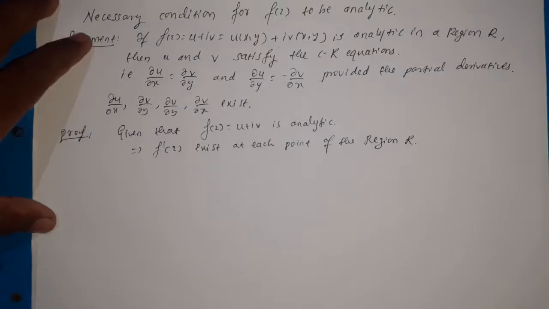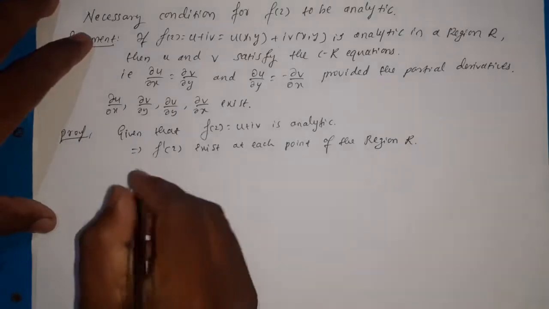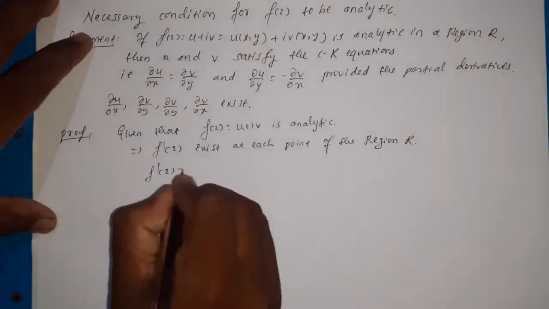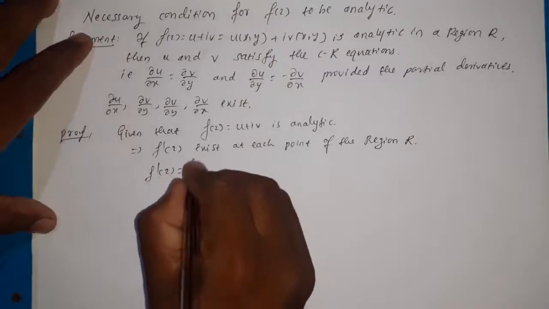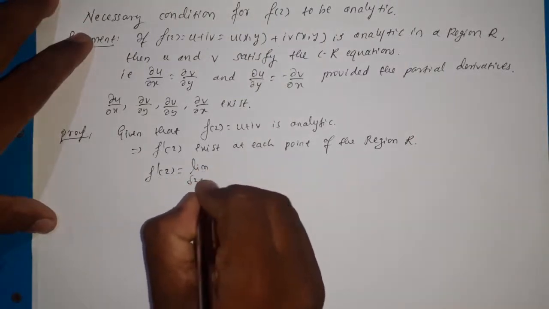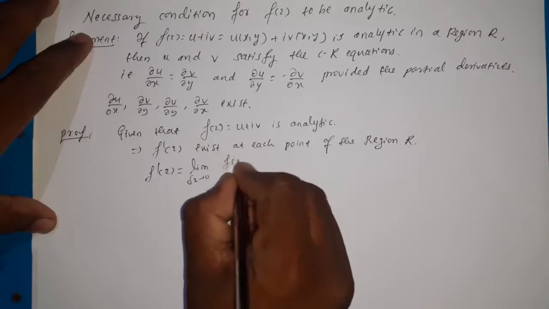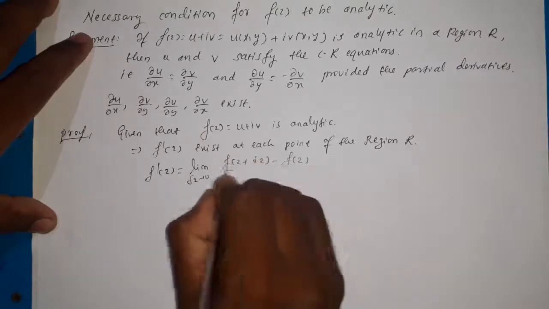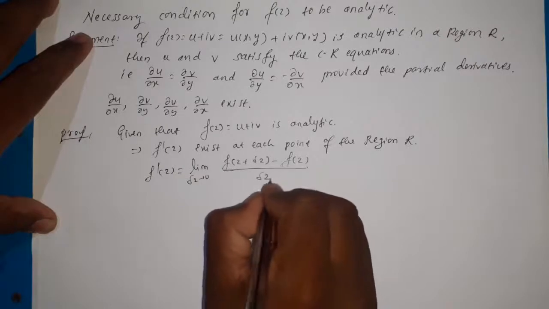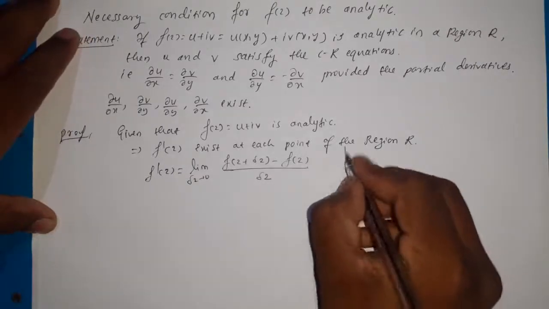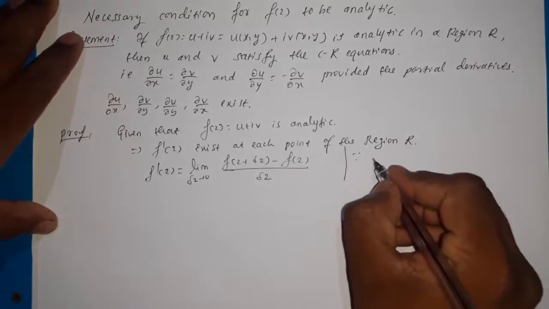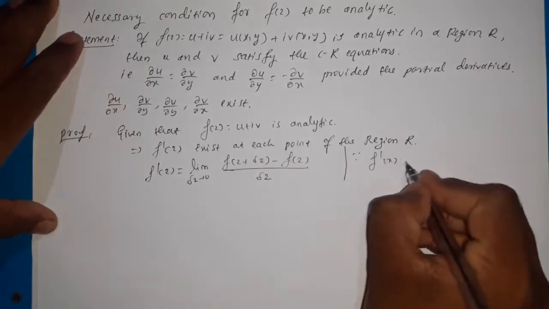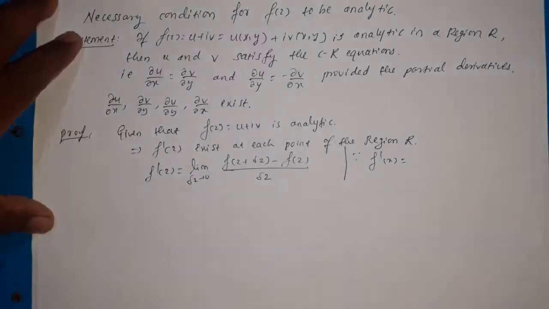F dash of z exists means we can write f dash of z is equal to limit as delta z tends to 0 of f of z plus delta z minus f of z divided by delta z. So this is by using the definition of differentiation of the function.